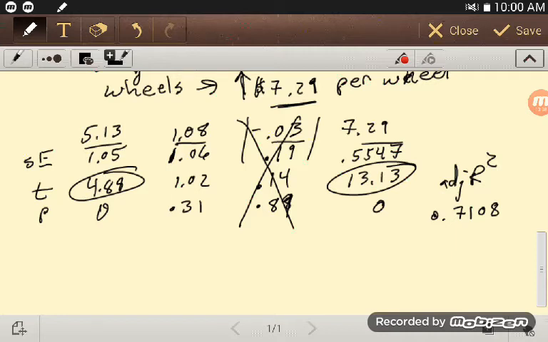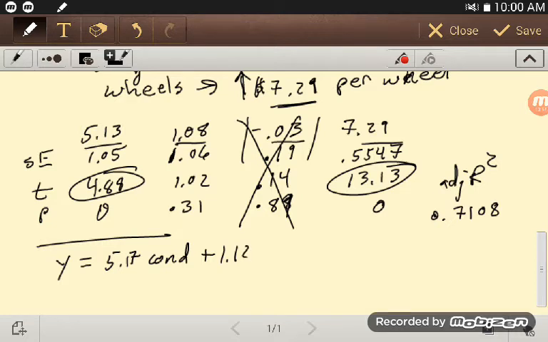And if we do this, then what we find is that our y is equal to 5.17 times the condition plus 1.12 times the photo, whether it's stock or not, and then plus 7.30 times the wheels.